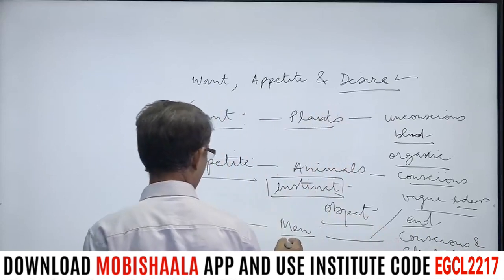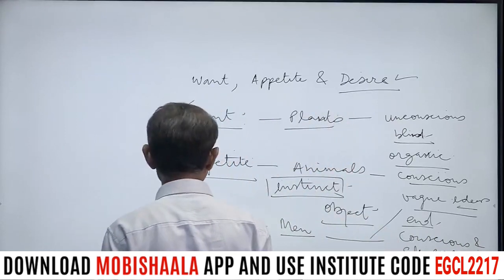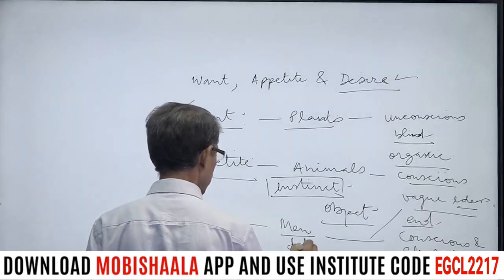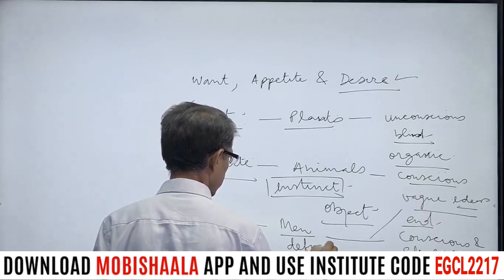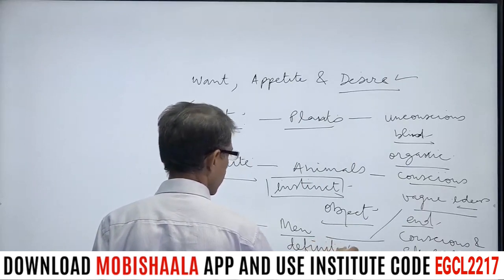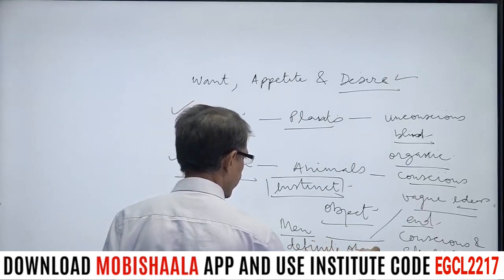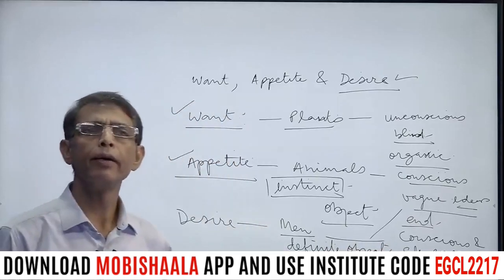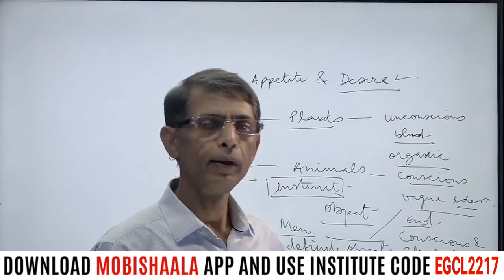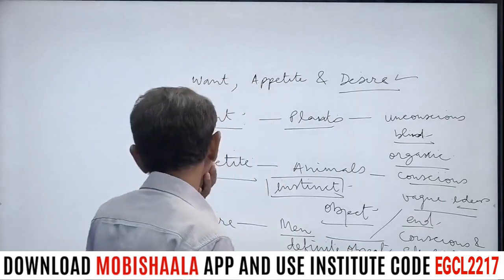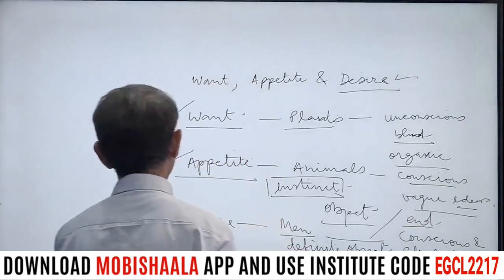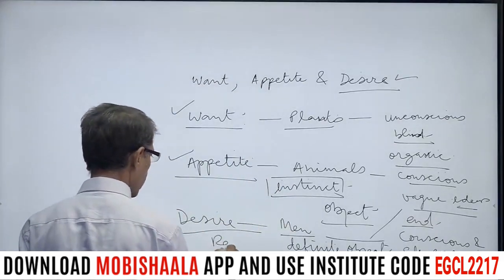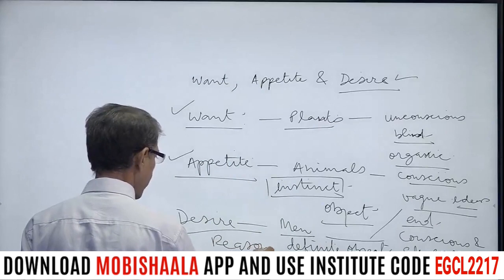And so they have a certain object, a definite object or definite end, and that's a conscious decision. This decision is taken through reason. So only men have desire.